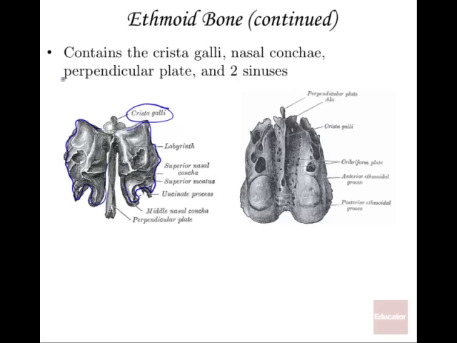The perpendicular plate is in the very middle of the ethmoid, protruding down. This is that bony septum, the majority of it, straight back through here. And there are also two ethmoid sinuses, two cavities within this bone that help drain out the nasal cavity.